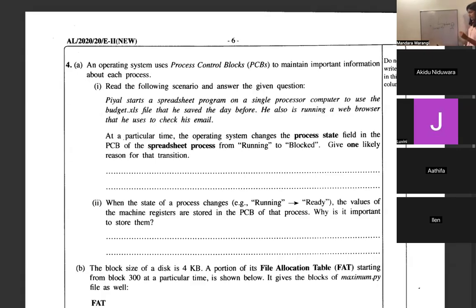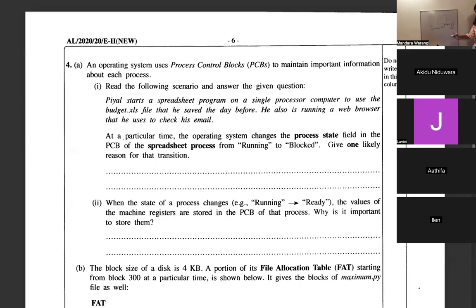At a particular time, the operating system changed the process state field in the PCB of the spreadsheet from running to blocked. Give one likely reason for that transition. Can you remember, the operating system has several states? We have start, running, ready, block, and terminate.